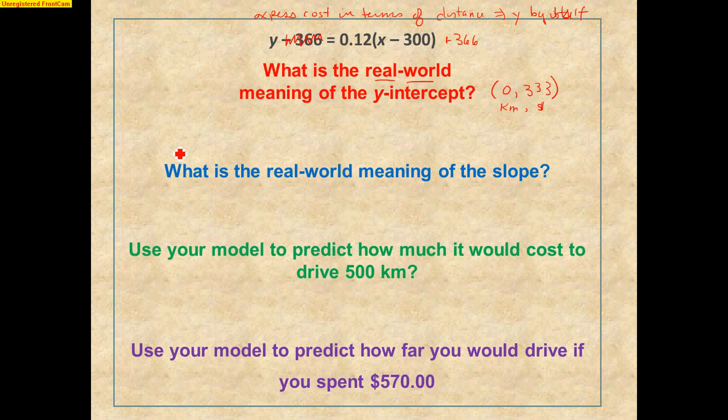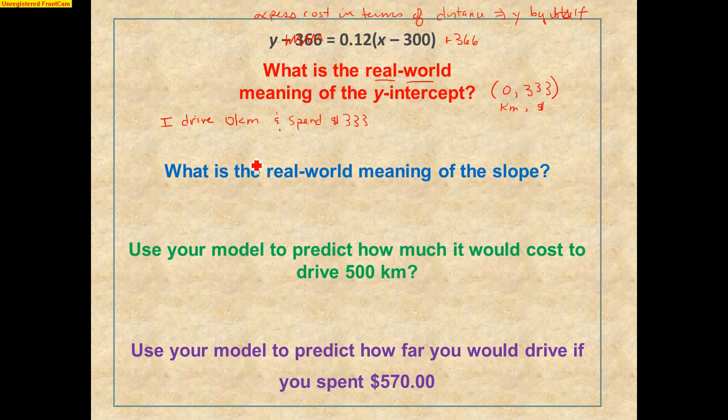I'm going to write something that will lose you points on an assessment. If you write, I drive 0 kilometers and spend $333, that loses you credit. That is a literal interpretation.